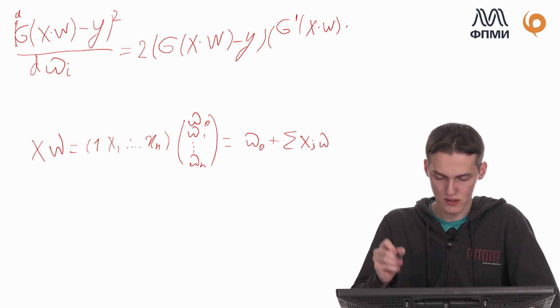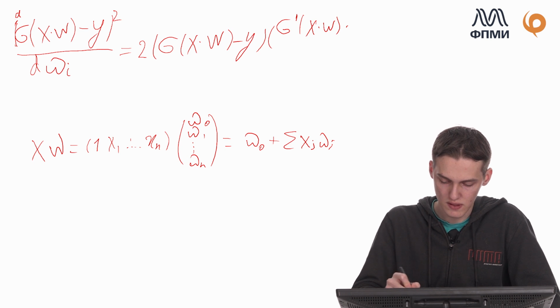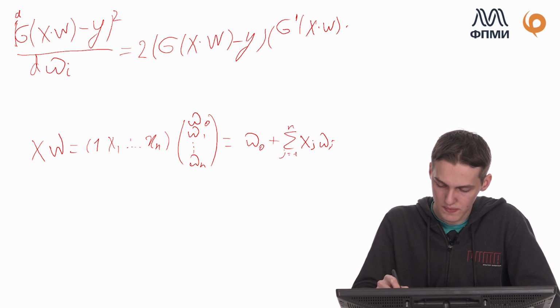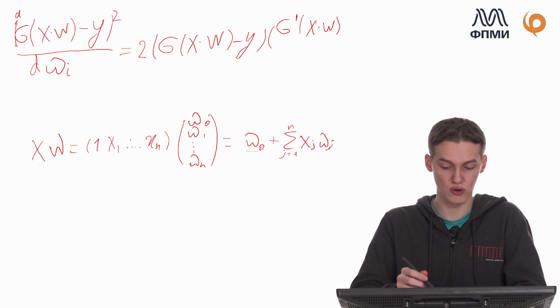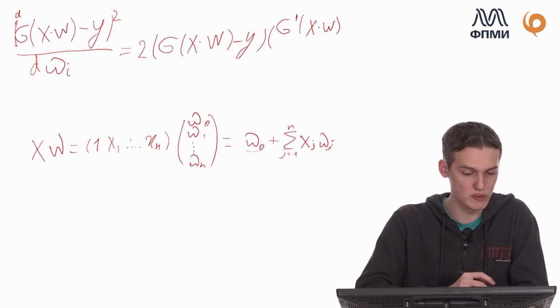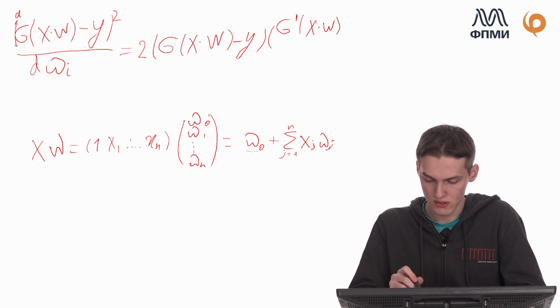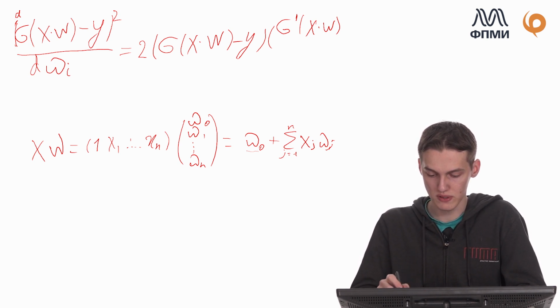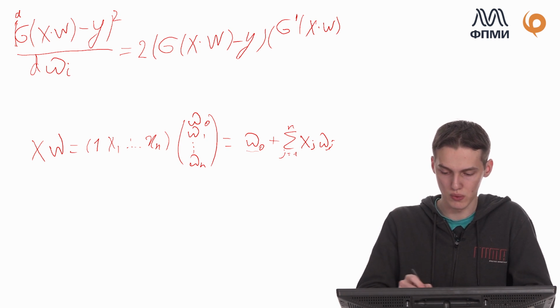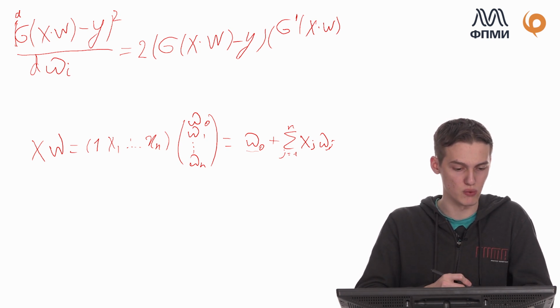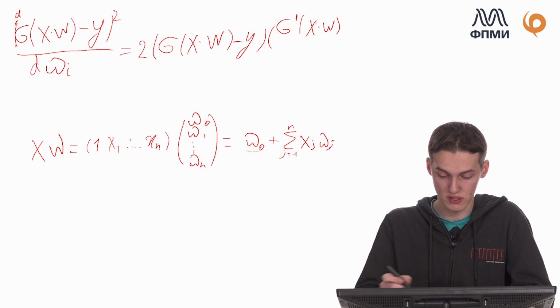Let's make it j equals 1 to n. Okay, when we differentiate omega 0 by omega sub i, it will be 0, and so on for all terms except one, where omega sub i is represented.